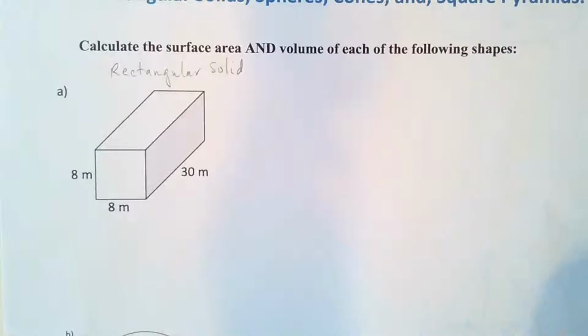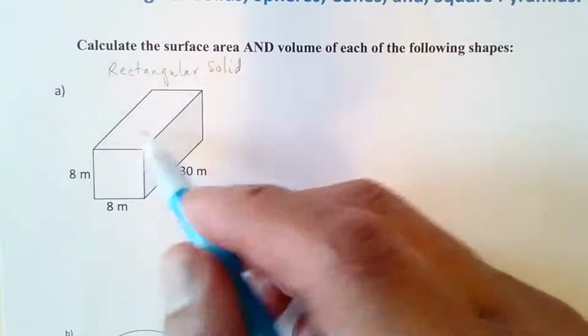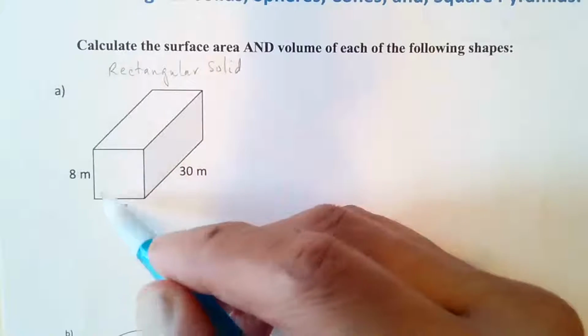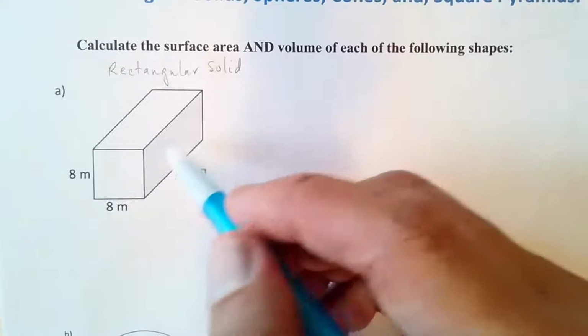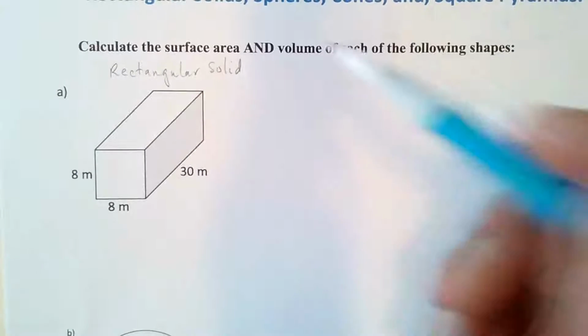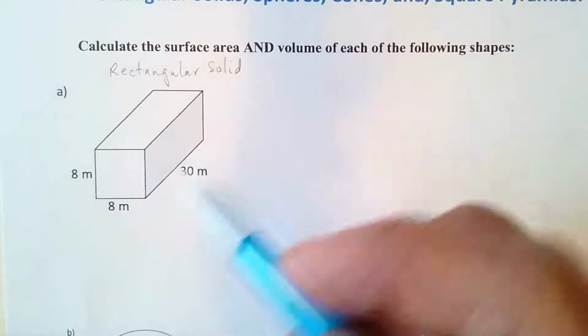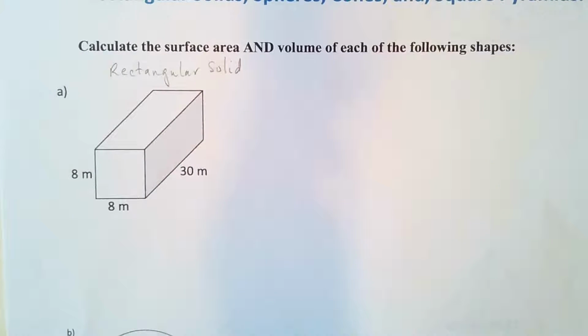The mathematical name: it's a rectangular shape, and the sides are rectangular. The front, in this case, is square. But because the sides are rectangular, it's called a rectangular solid. This is also called a cube if all the sides are equal. A typical example of a rectangular solid would be a tissue box.